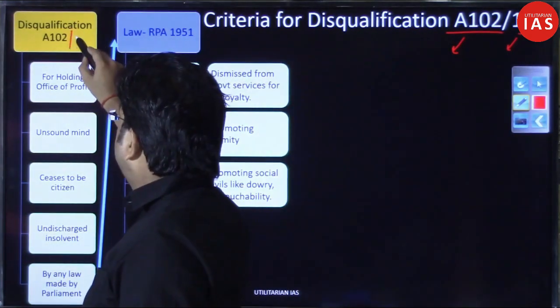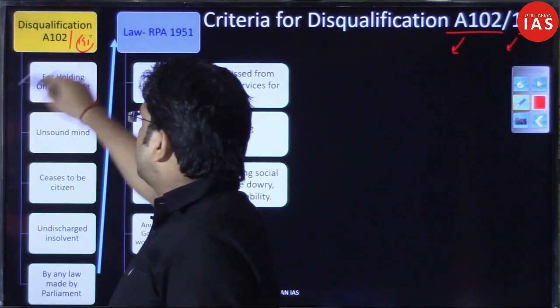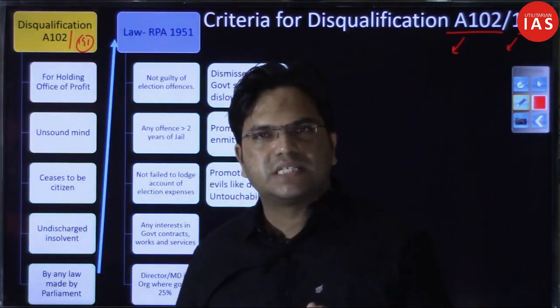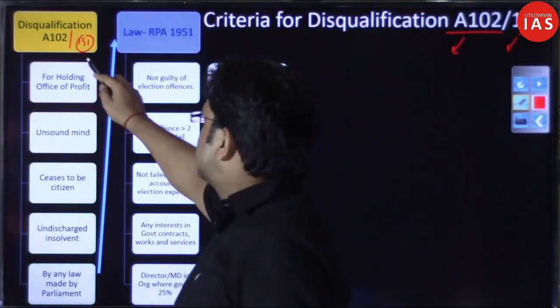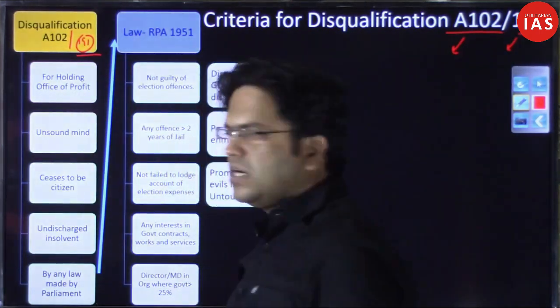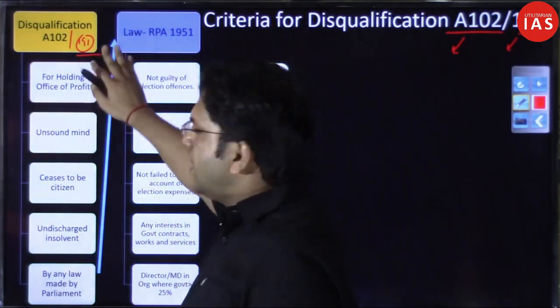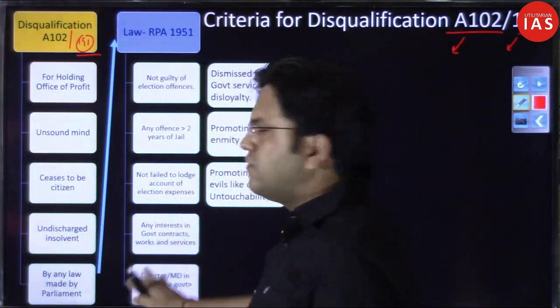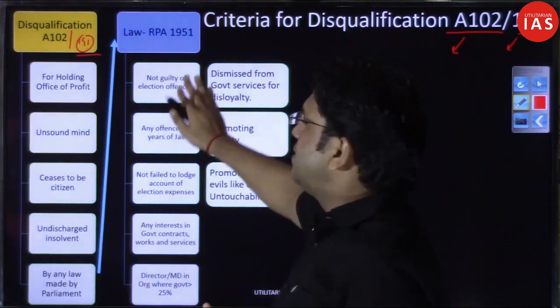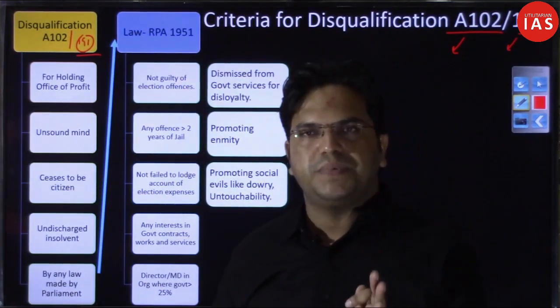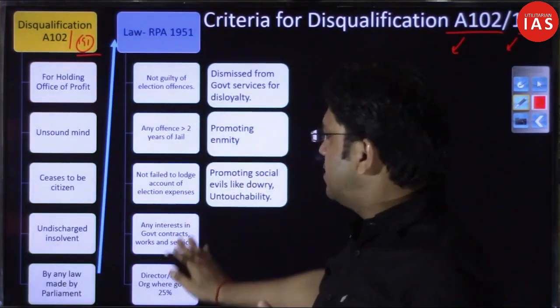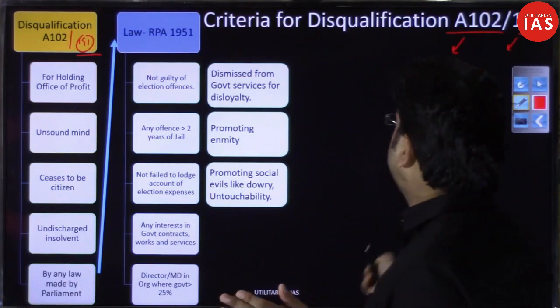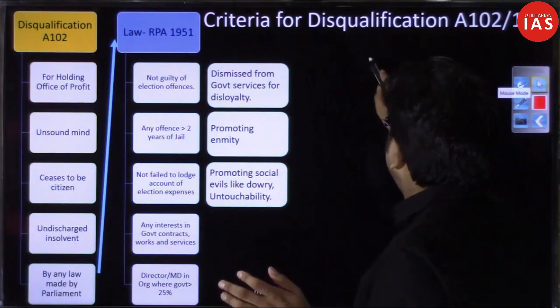If a question is asked where the disqualification norm for the state legislature is mentioned, there are two places. One, a set of norms mentioned in Article 191, directly in the Constitution, and a set of norms mentioned in the Representation of the People Act 1951, right? Again, I am not discussing it because this point has already been discussed in the Parliament chapter.